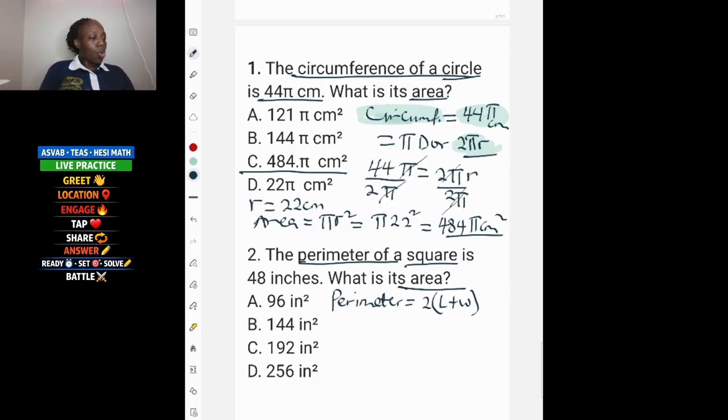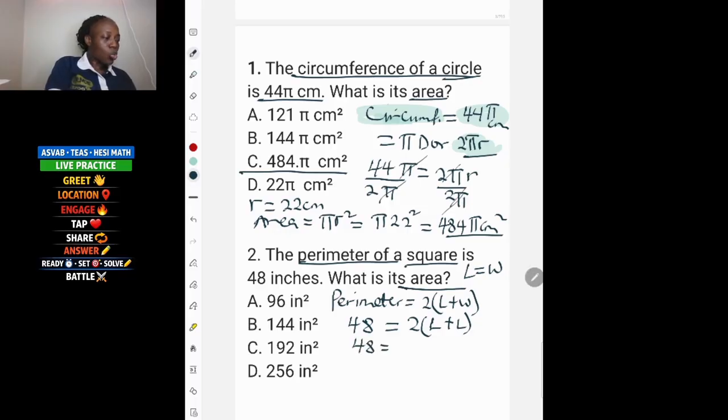Now, perimeter is given to us as what? 48. Since we know that length is equal to width, we can now say 2 into (length plus length). So 48 is 2 times what? We have length plus length. What's that?